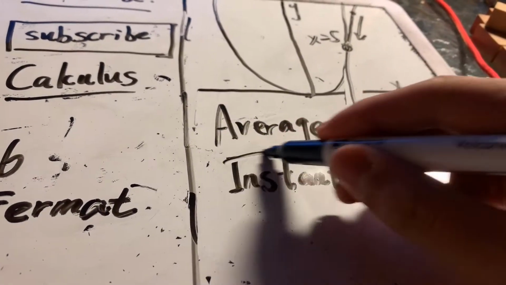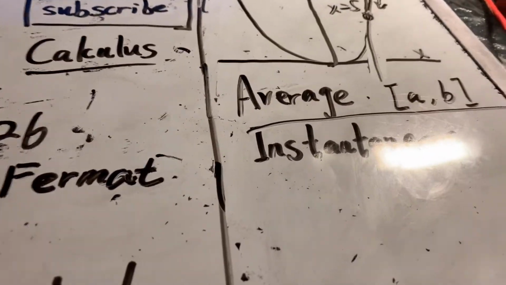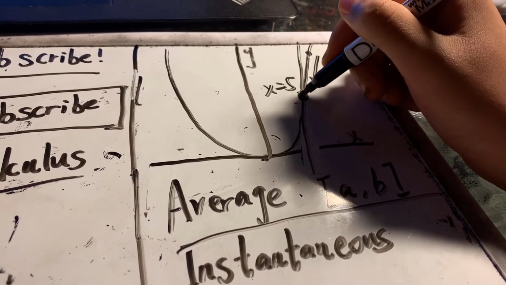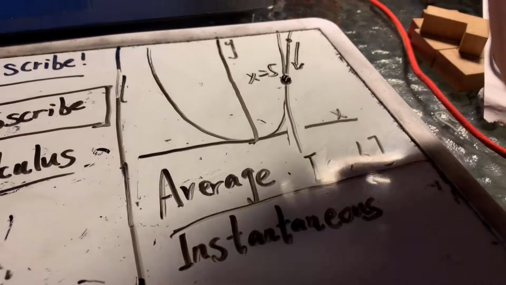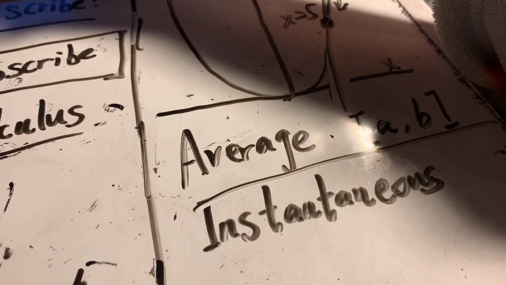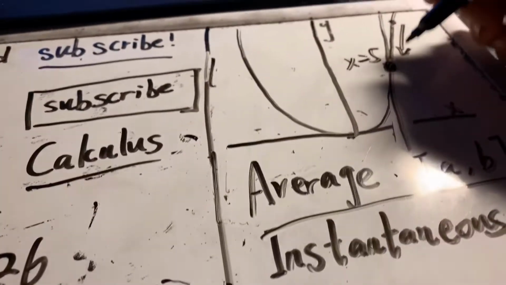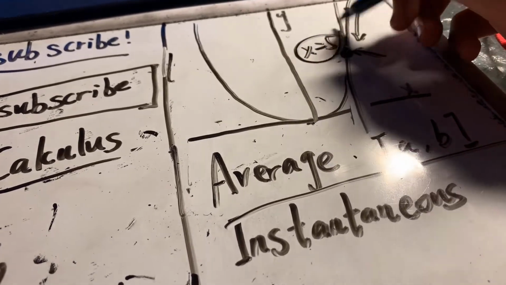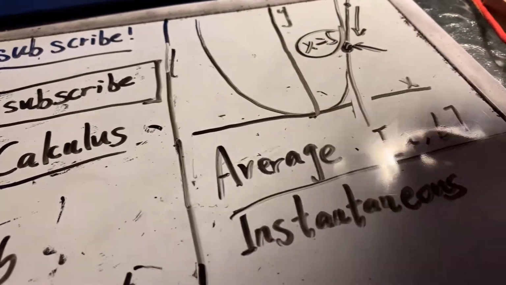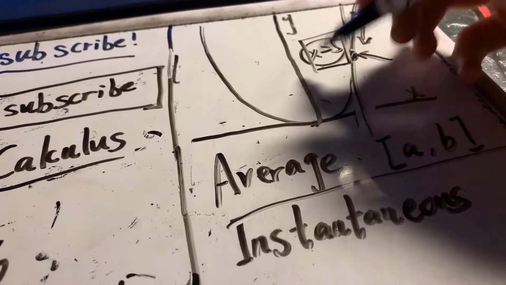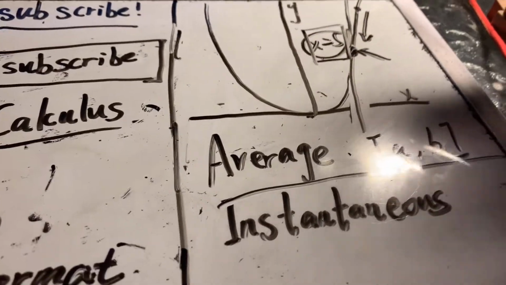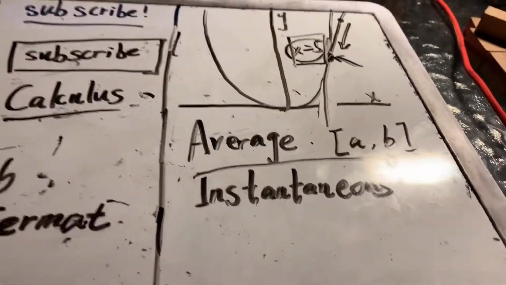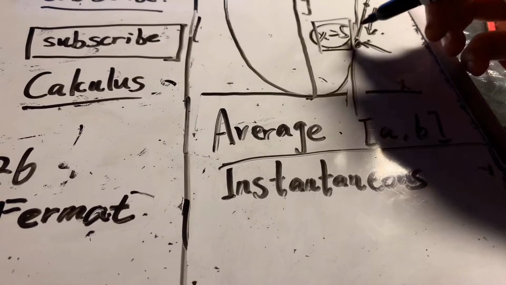Instantaneous rate of change is a bit more complex. It's the change of y with respect to x at a given point, like the instantaneous rate of change at x equals 5. Compared to average rate, instantaneous rate of change is more specific to one point.